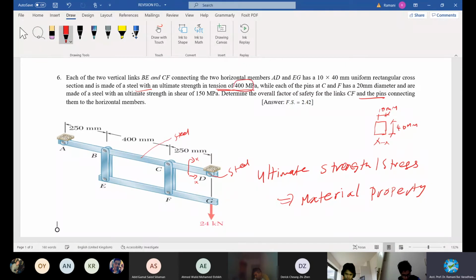The strength in tension is given for the member as 400, and the strength for the pin is also given in shear, because the pin is undergoing a shear stress. So the value of the bearing or allowable is also given as 150 megapascal for the pins.